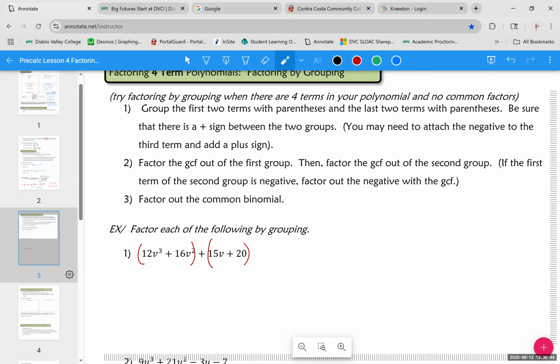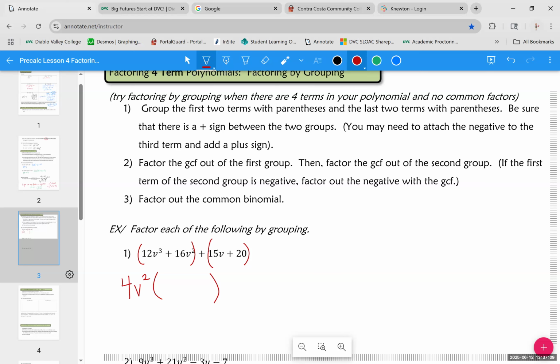So now we're basically going to treat this group separately from this group. We're going to find a GCF here and pull it out, and then factor a GCF out of the second group as well. So I'm going to look at this 12v cubed plus 16v squared. Let's see, they both can be divided by 4. And then the lowest power of v I have is v squared.